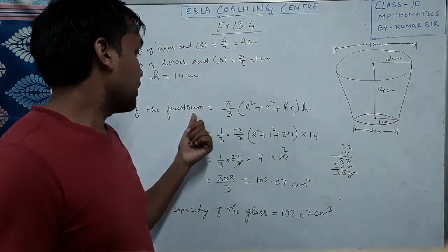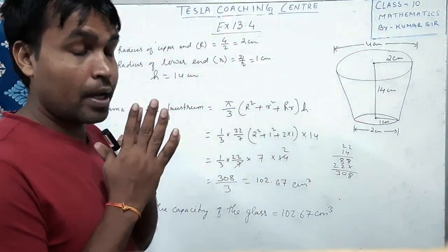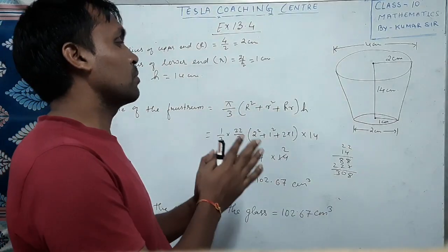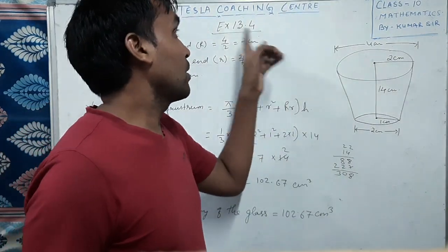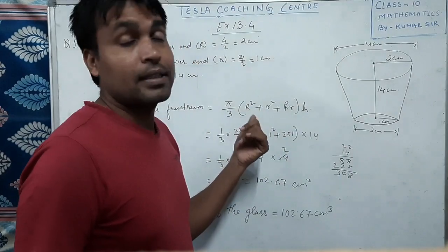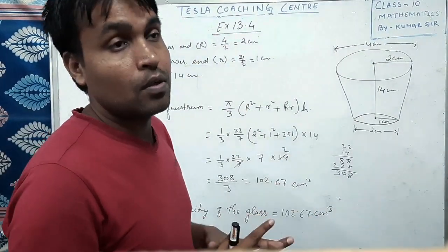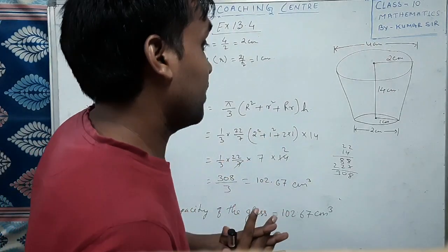So the volume of the frustrum equals, the formula is very important. Those who have not studied the formula, please go to lecture number 1 of chapter 13. There you can get all the formulas of surface area and volume, that is mensuration.